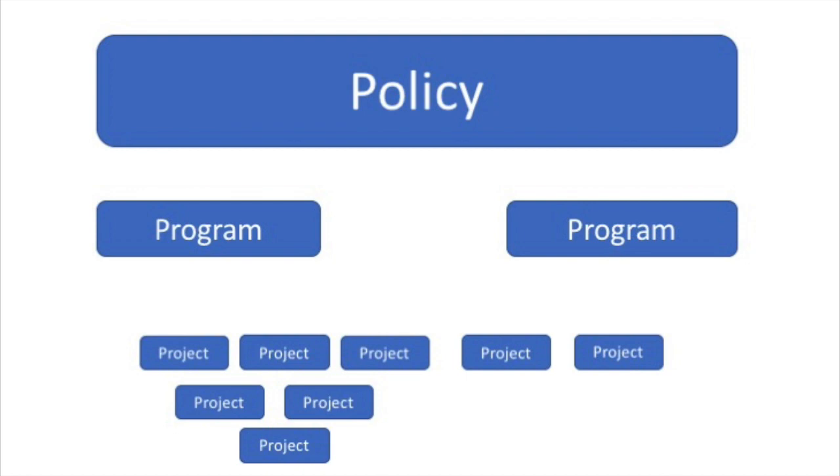Right? So let me give you a little example. And this is a very, very simplified example. In real life, it's a little more complicated than this. But anyway, we have a big policy at the federal level, the McKinney-Vento Homeless Assistance Act. Right? This is a large policy that was put in place by the federal government to try to end homelessness, basically.